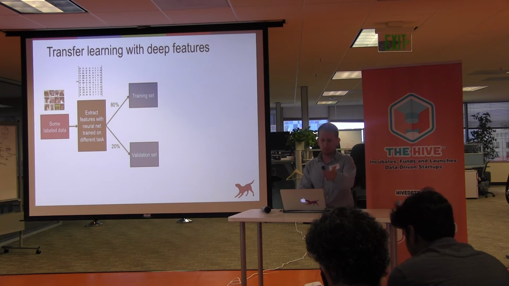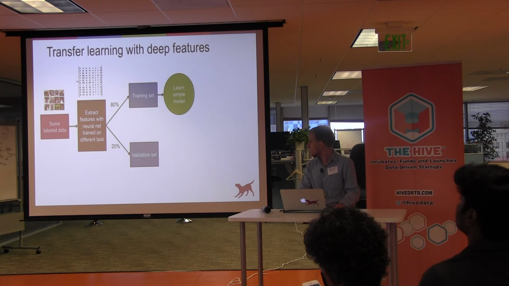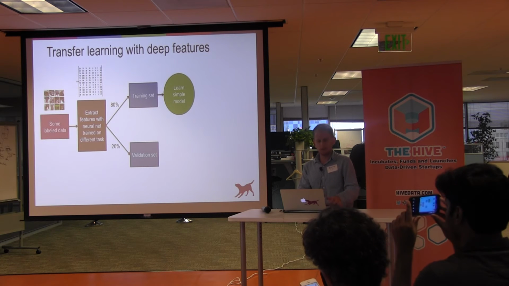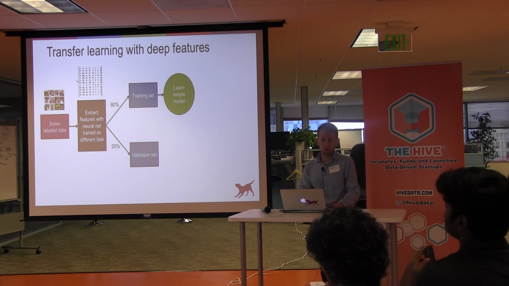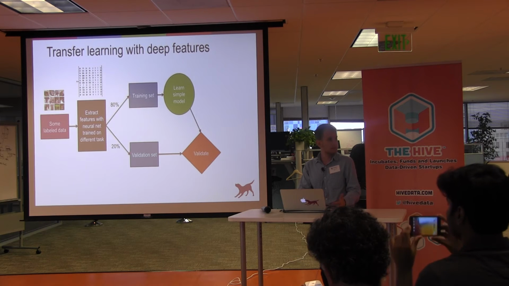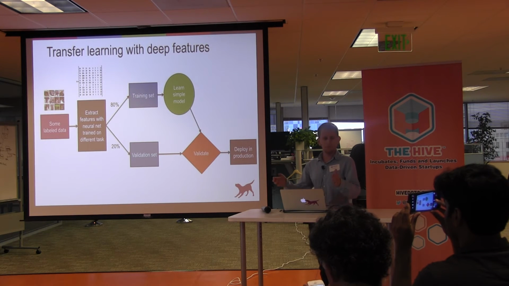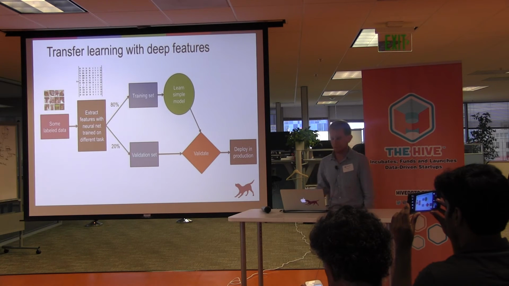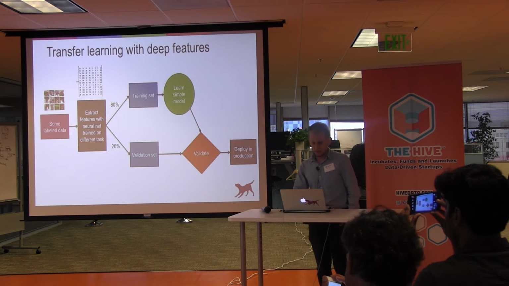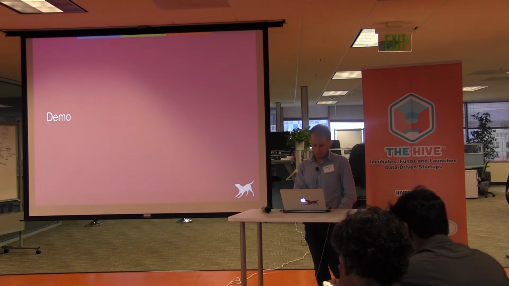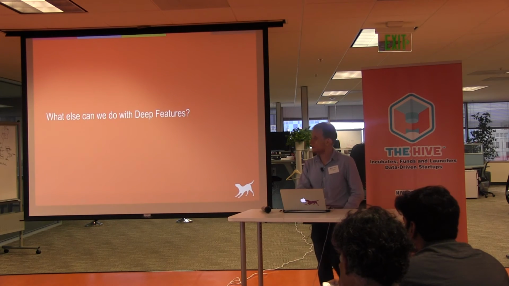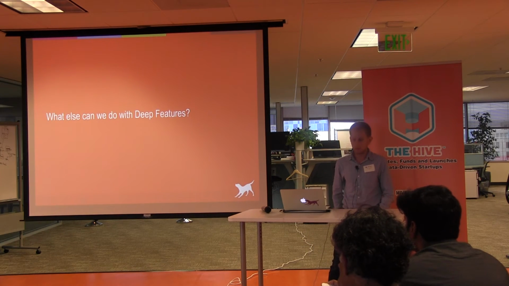Then, once again, you split things into a training set and a validation set. On top of these feature vectors, you can learn a simple model, you validate it, it probably works fairly well. And then you can deploy it in production and make money and be happy.